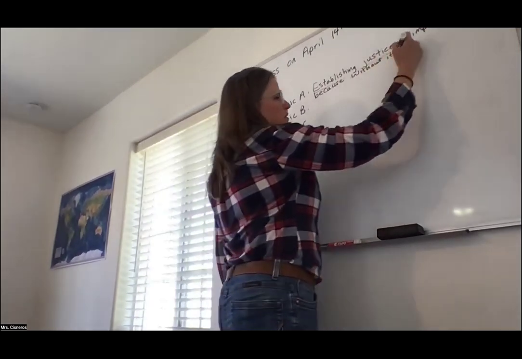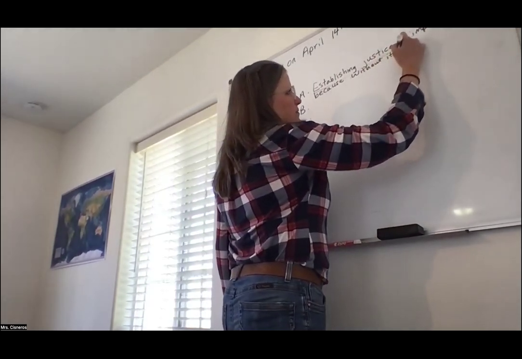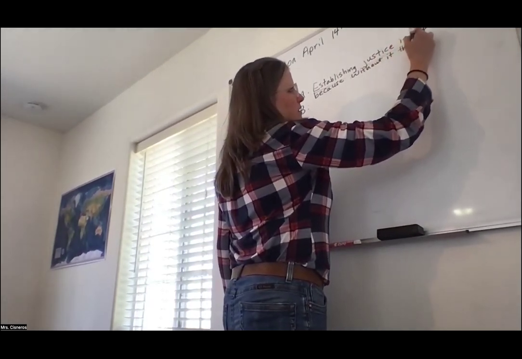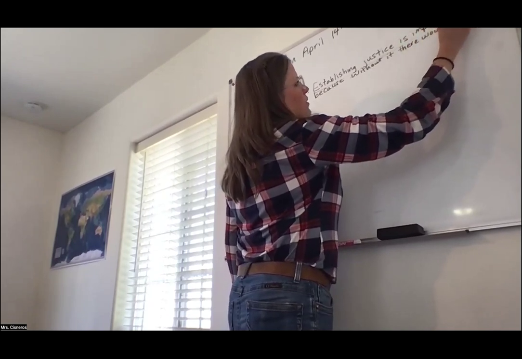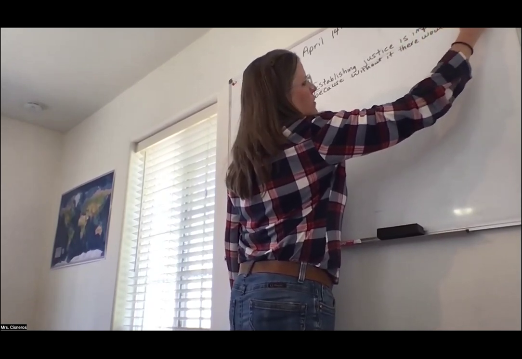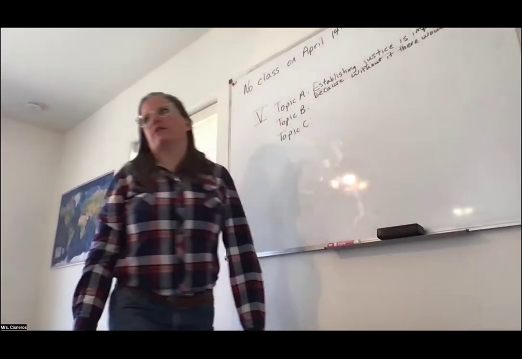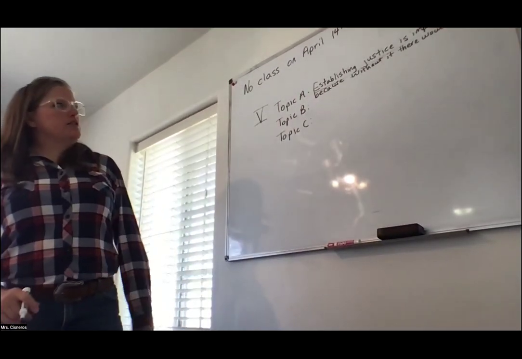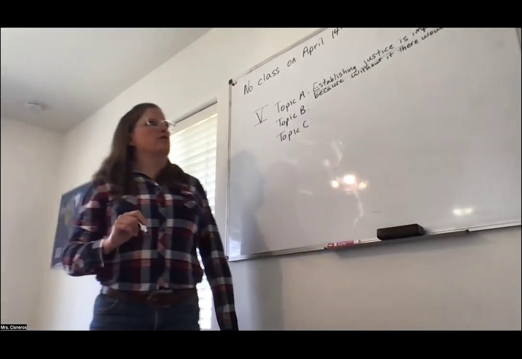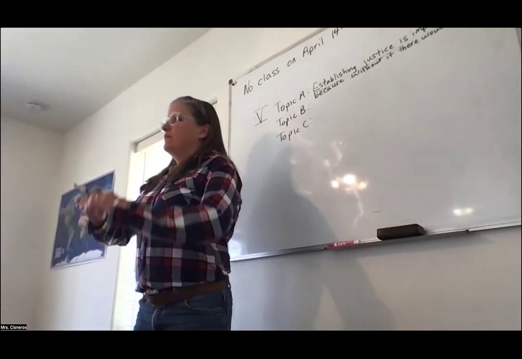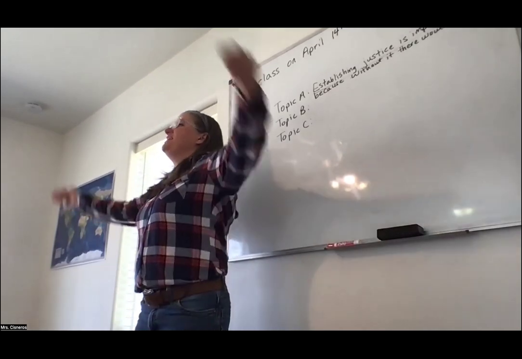If we didn't establish justice, there would not be any justice, or there would be no order. I'm just making something up, okay, Nico? Establishing justice is important because without it, there would be no order, meaning structure, and there would also be no justice.